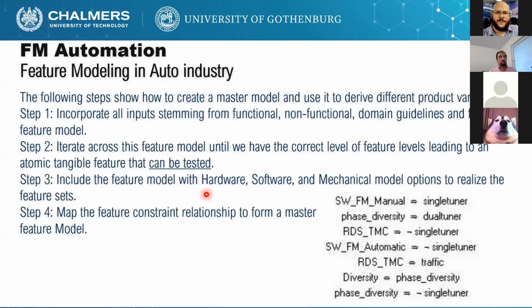Include the feature model with hardware, software, and mechanical model options to realize the feature test, because you are not dealing only with software here, because different features would mean different hardware and software and so on. It's very messy. Map the feature constraints relationship to form the master feature model.